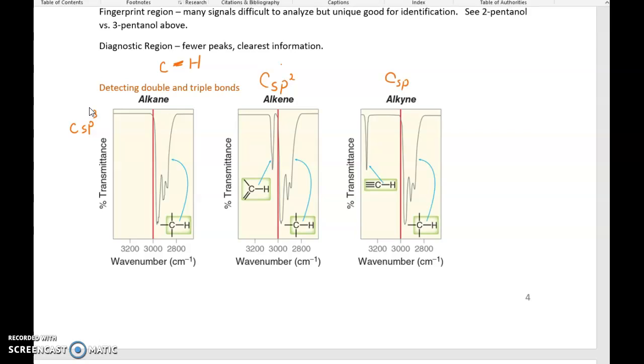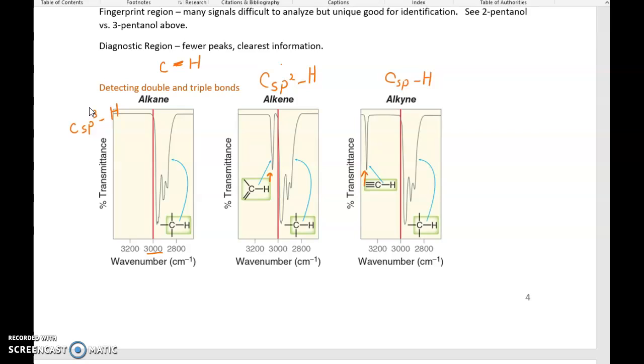So if we have a hydrogen that's bound to this carbon, it will absorb on the right side of 3000. If we have a hydrogen that's bound to a carbon that's sp2, it'll be on the left side of the 3000. And if we have a hydrogen that's bound to an sp, it will be even farther downstream.